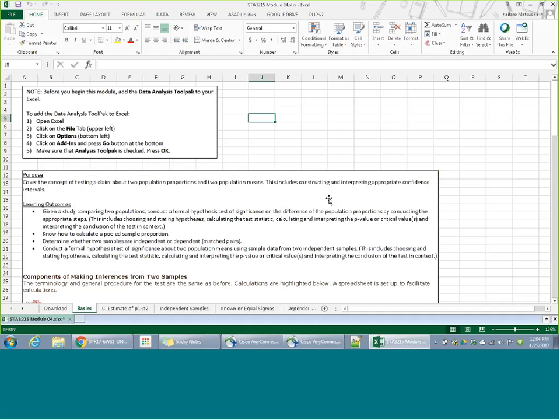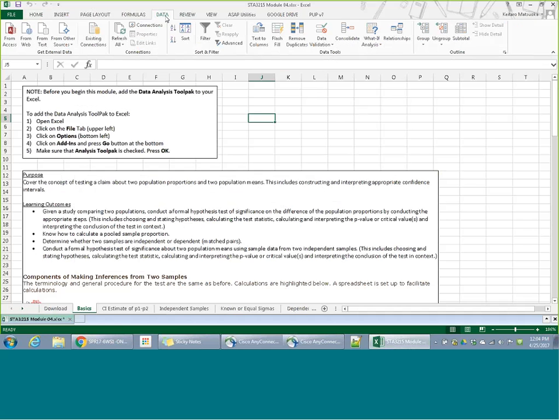All right, so let's look at the testing of the claim about two population proportions, which is in my spreadsheet. Before I go on, there's one thing you need to do. If you're in Excel 2010, 2013, 2016, you should see, if you go to the Data tab, a Data Analysis tab here. I don't have it with me, so I'm going to show you how to add that in. Do this part before you continue this module. Go to File, this is 2013, and 2016 should be similar.